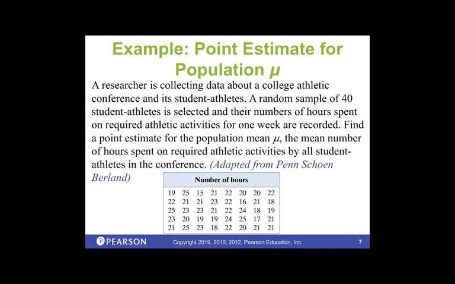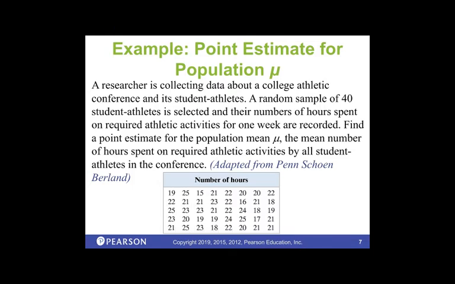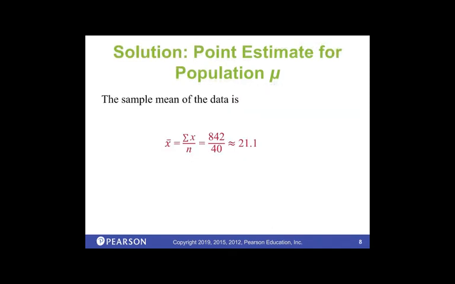If we have this sample, we can use the sample mean x bar to estimate the population mean. The sample mean is given by adding up all the x's and dividing by the number of entries. Those x values add up to 842, and we have 40 data points.